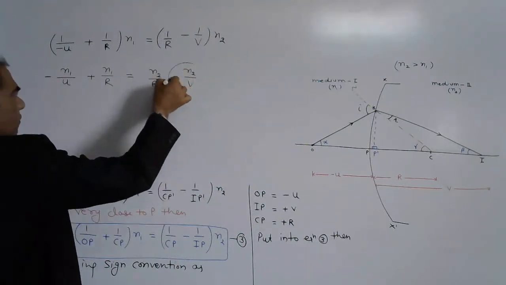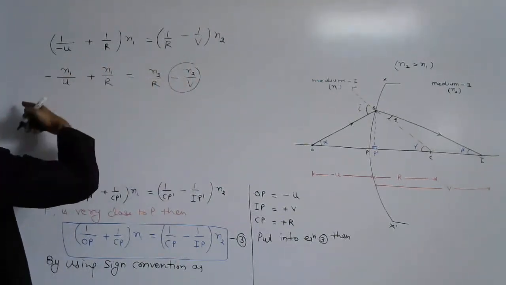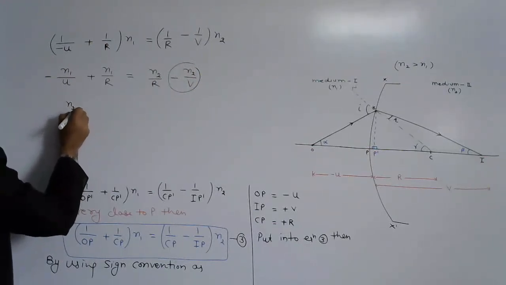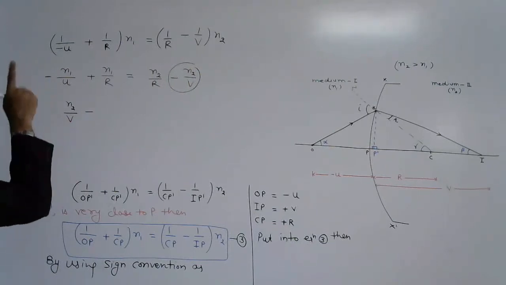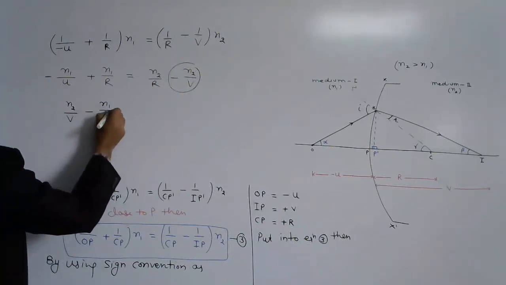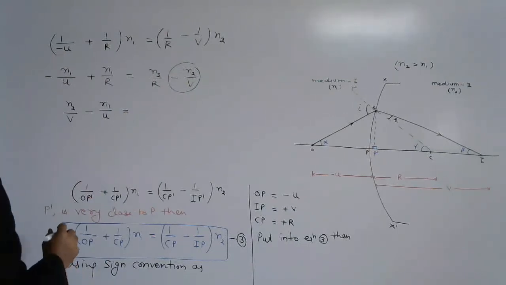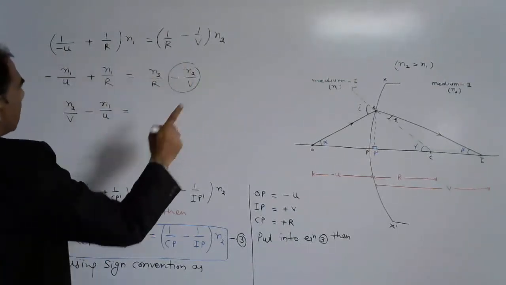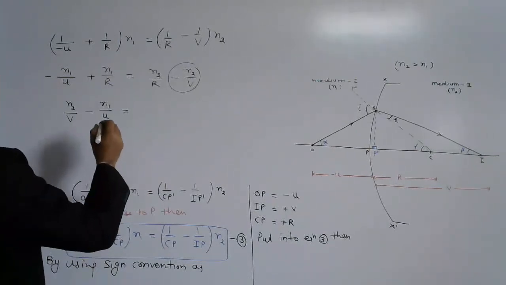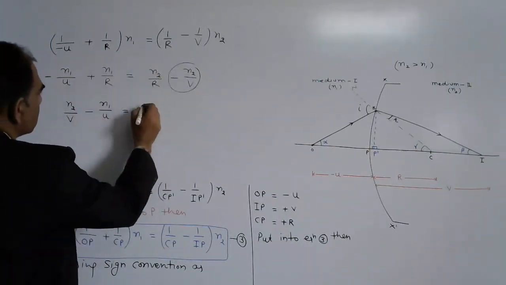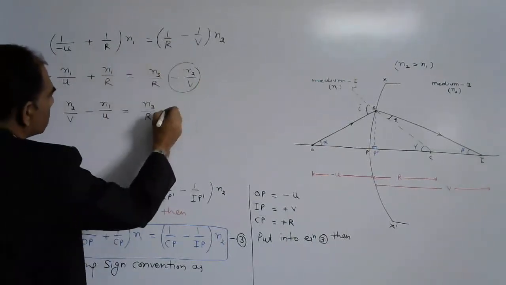This n2 by v part goes to the left side. It is negative, and here it becomes positive n2 upon v. This part is the same, and in this direction it is negative. Then we take this part to this side, and it becomes n2 upon R positive, and this n1 upon R goes to this direction.